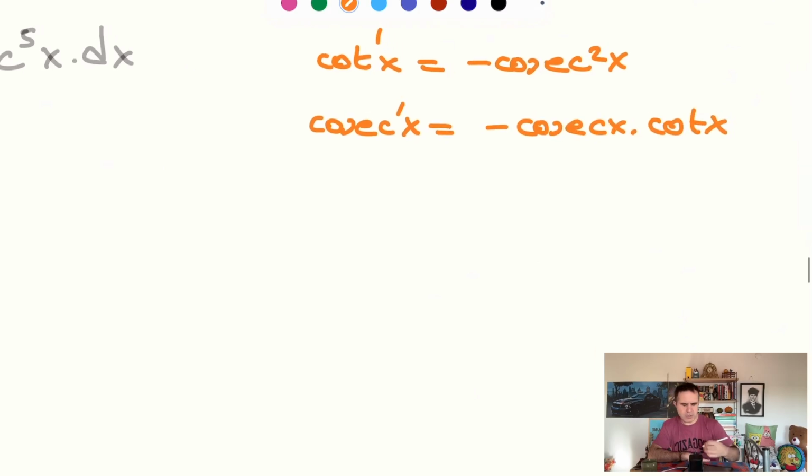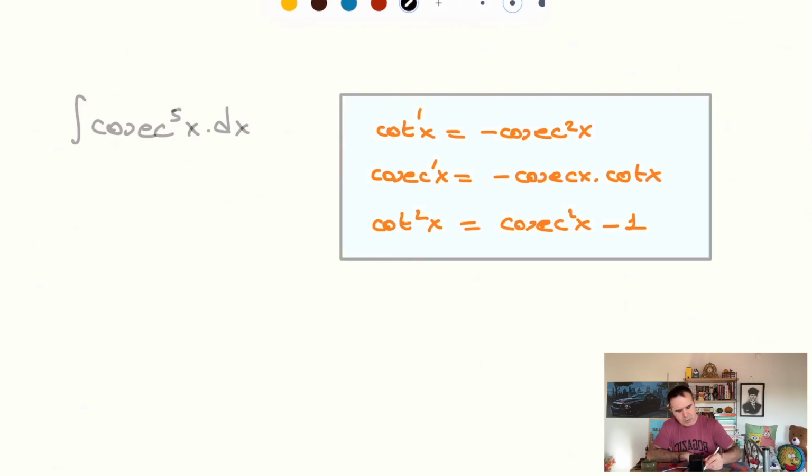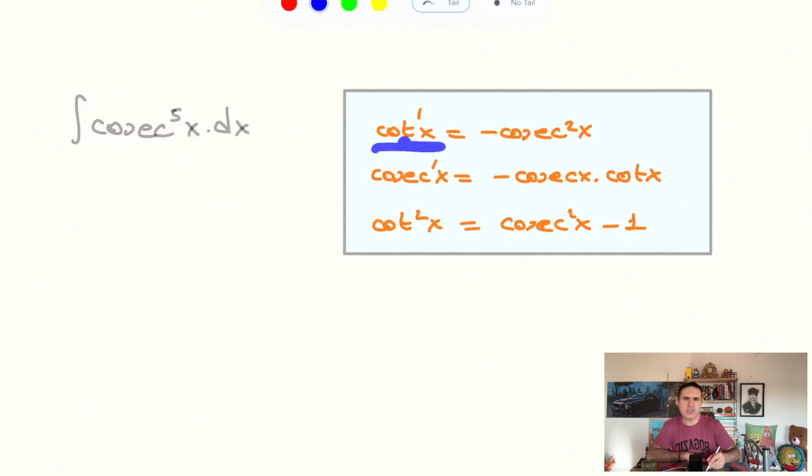And you should also remember that cotangent square of x is equal to cosecant square of x minus 1.